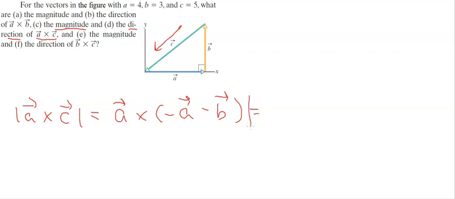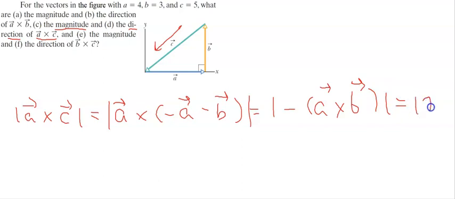Sorry, magnitude. And that'll give us negative A cross B, which will give us 12.